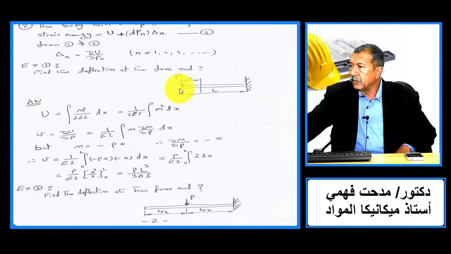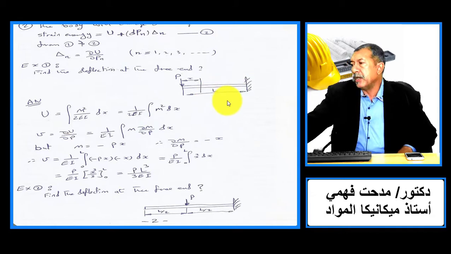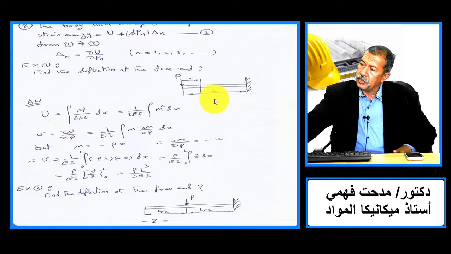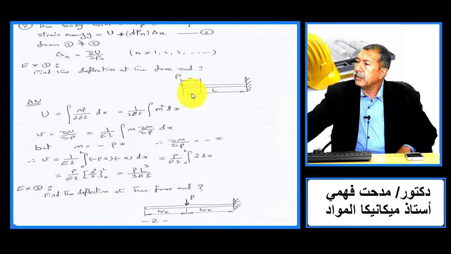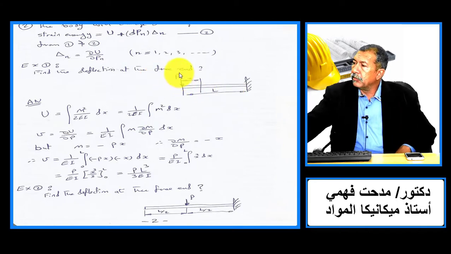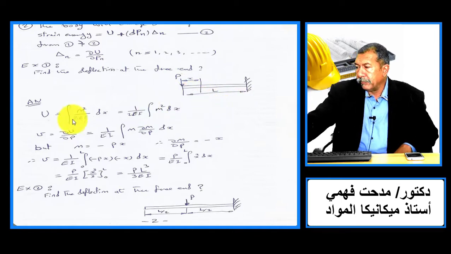The free end means the position where B is acting. Here we have a beam built in on one side, the other side is free. We have one force B acting on the free end, and the length of the beam is L.